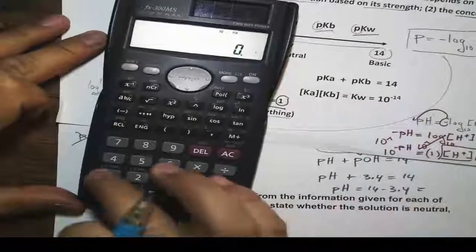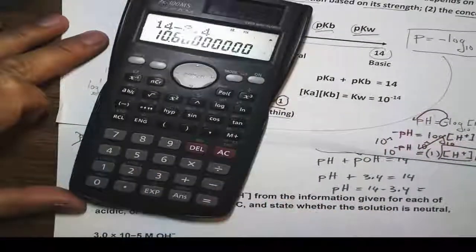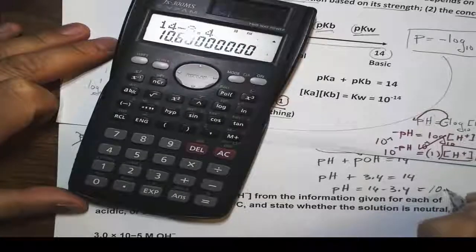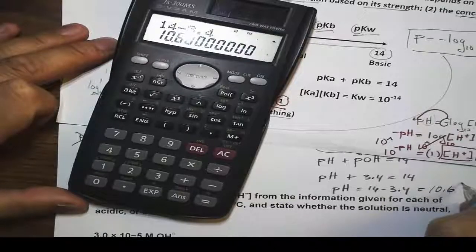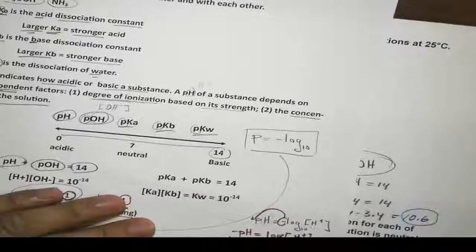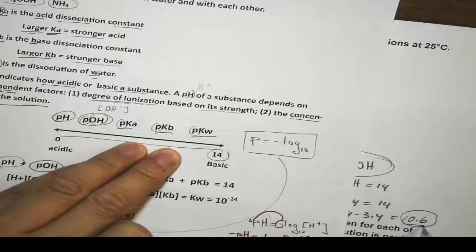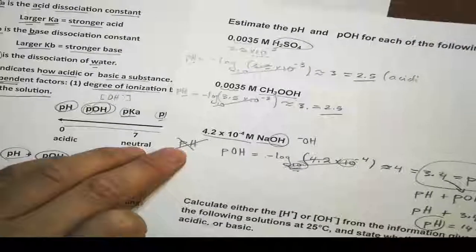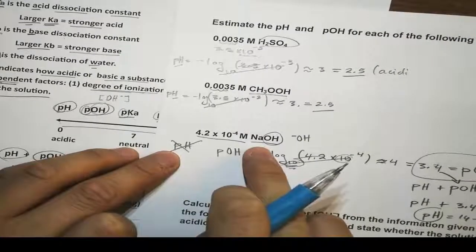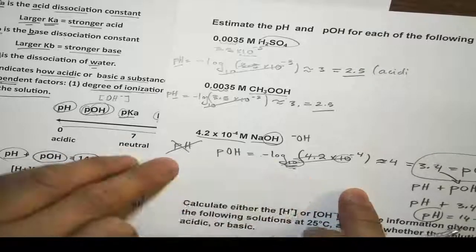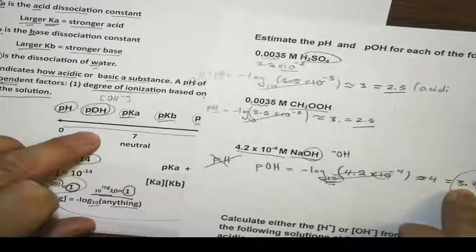Let's plug it in the calculator, 14 minus 3.4, and that gives us 10.6 in terms of pH. And look at the scale, isn't it right? This is 10, somewhere right here, so it's going to be basic. If we were using pH to solve for pOH, it wouldn't work because 3.4 would be acidic, right?